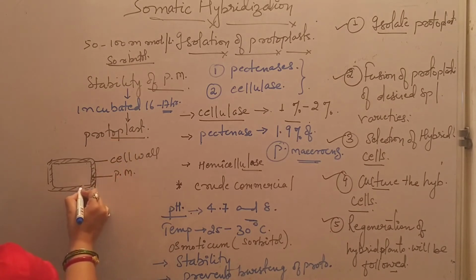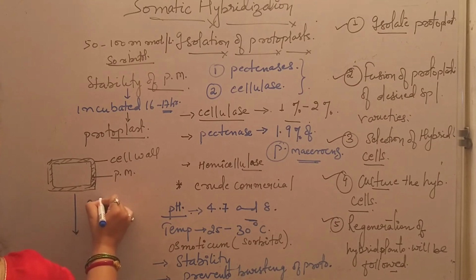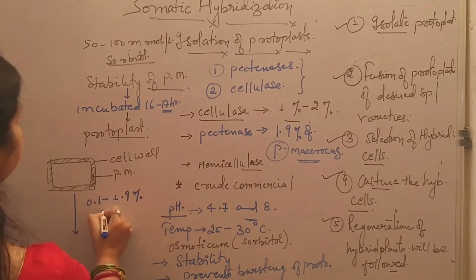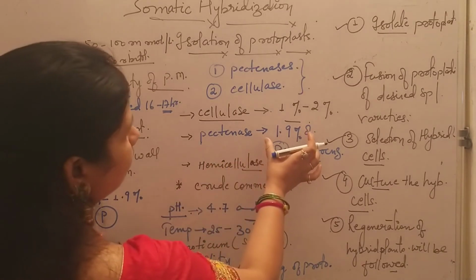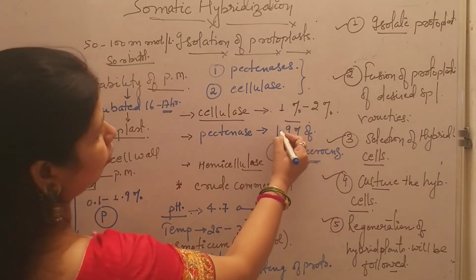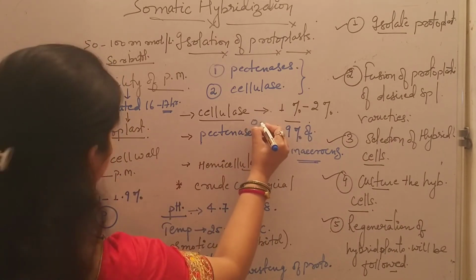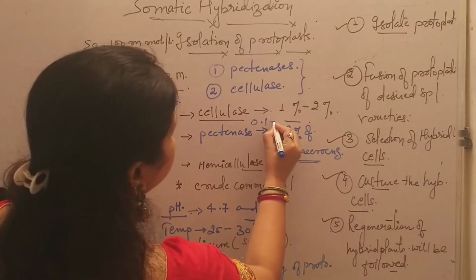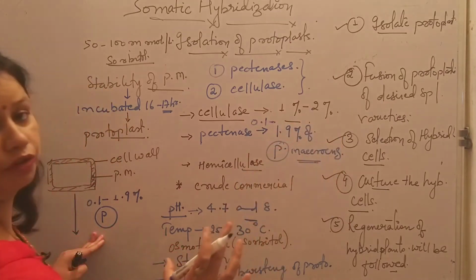We will have to apply pectinase enzyme. I'm sorry, here I said 1.9%, it should be 0.1. Its percentage should vary from 0.1 to 1.9% of pectinase.